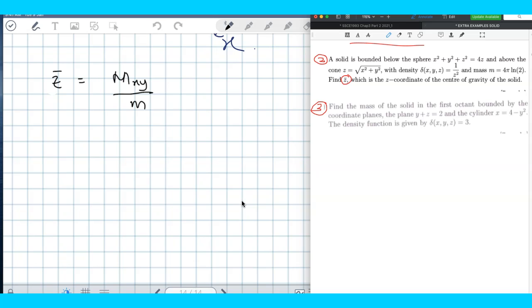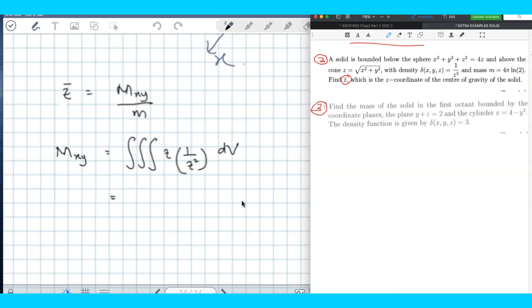So we only have to find the moment of mass with respect to the xy plane. Using triple integral, you multiply by z, and the density function is 1 over z squared, dV.